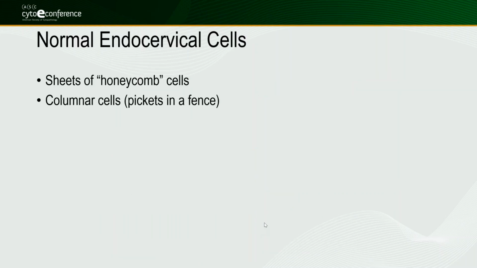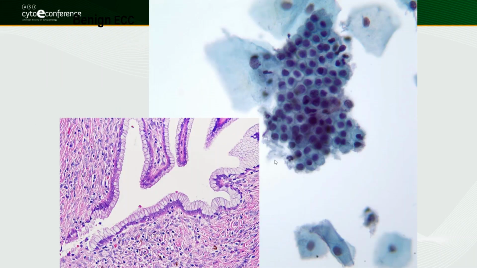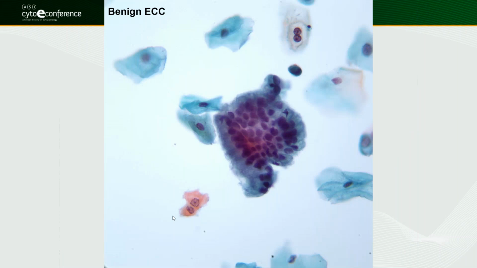Normal endocervical cells are sheets of honeycomb cells, and if we cut on the side, they will look like columnar cells or pickets in a fence. Everybody's familiar with this flat sheet arrangement and honeycomb with abundant cytoplasm, corresponding to what we saw on the histology.